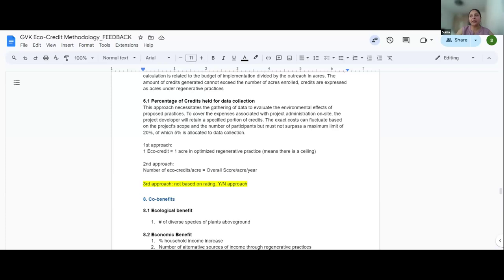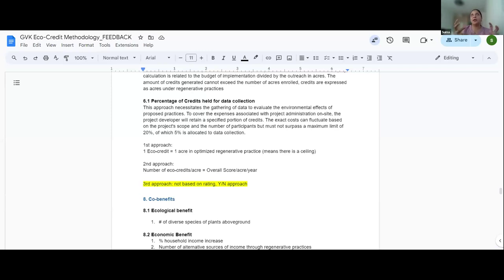Because ultimately the focus is on encouraging farmers to implement more and more regenerative practices on their farms. So this is the first approach, where the moment farmers are enrolled, they are entitled to 1 eco credit per acre.